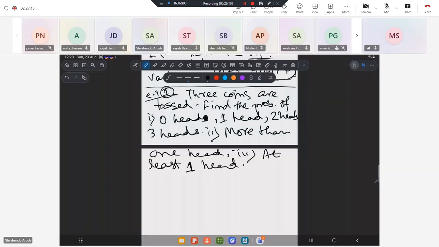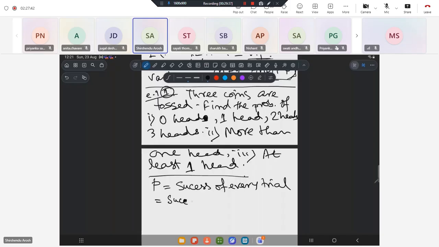If I can model this in terms of Bernoulli's principle, that is good enough. So how can I define this? P can be the success of every trial. So what is the success here?